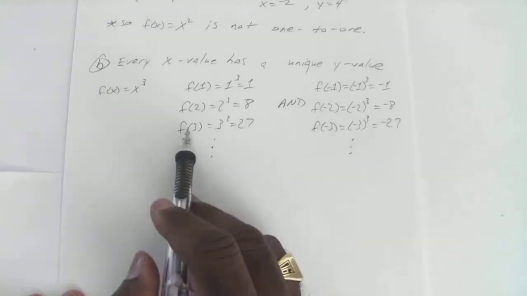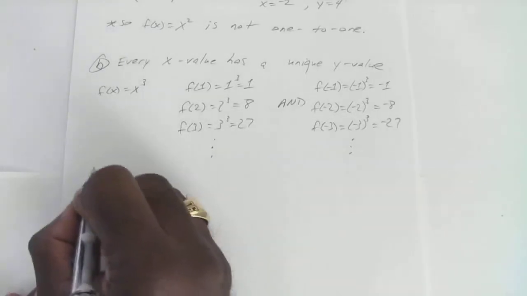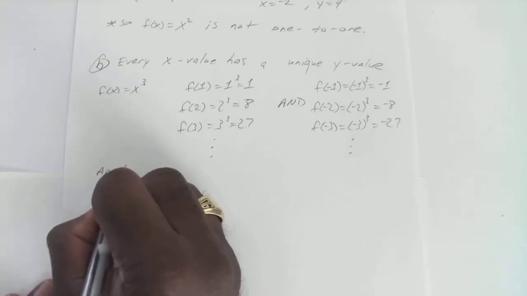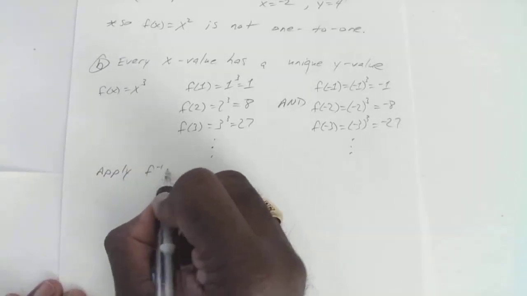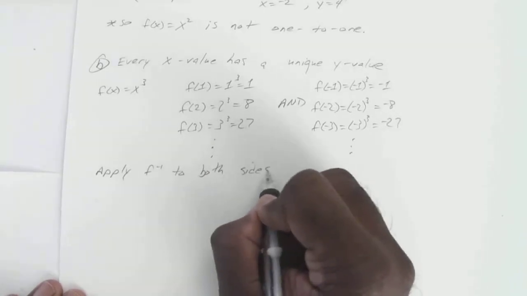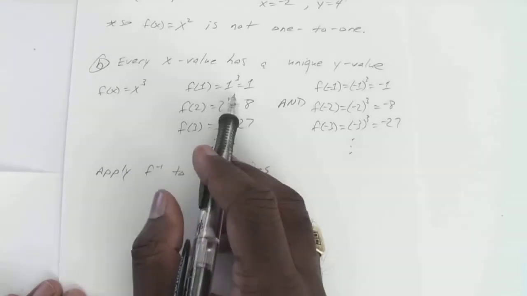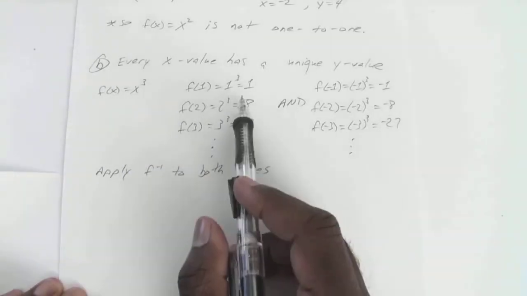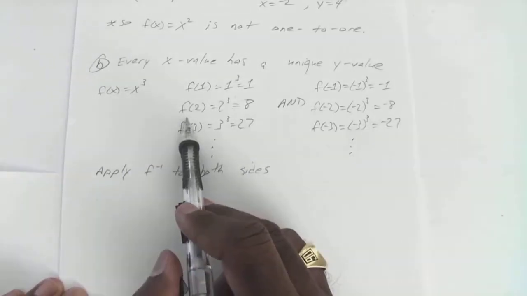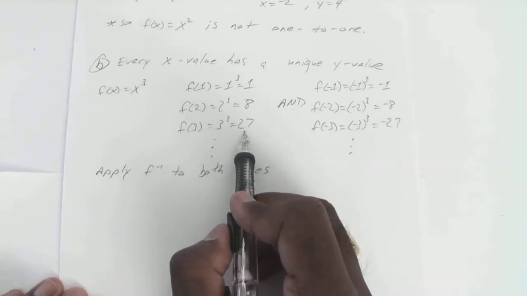Okay. Now, if we apply f inverse to both sides, we know that f inverse of 1 would equal 1, f inverse of 8 would equal 2. You're now looking at the y value, because remember, your y value is your f inverse.